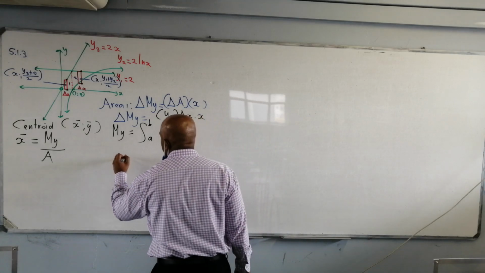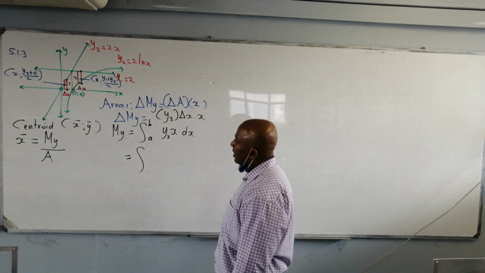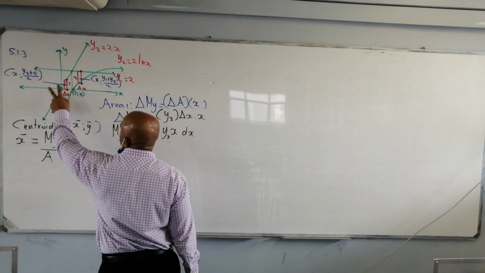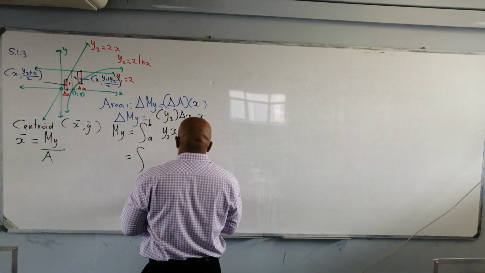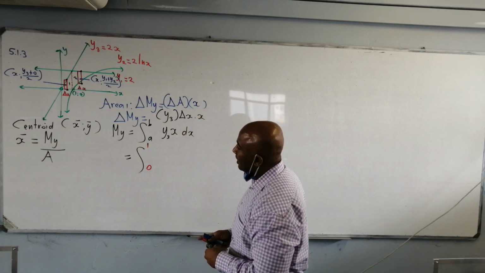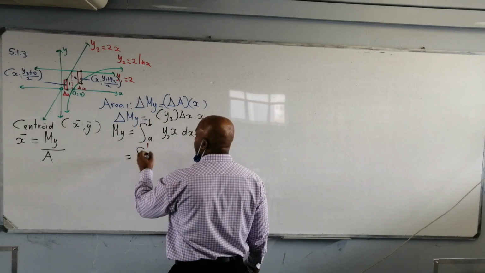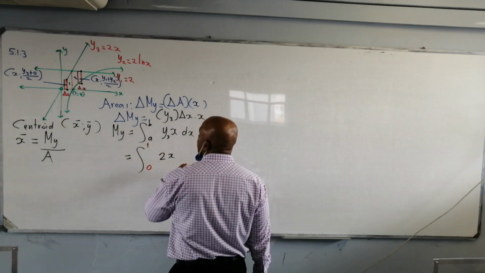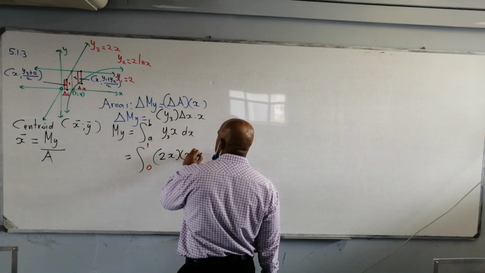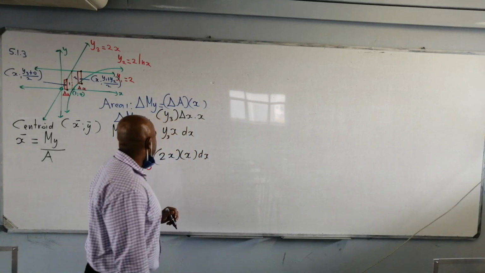Alright, so now what is your b and a for area number 1? There's 1 and 0. So there's your 1, there's your 0. What is y3? y3 is the equation of that straight line, which is 2x, multiplied by x, simplified.